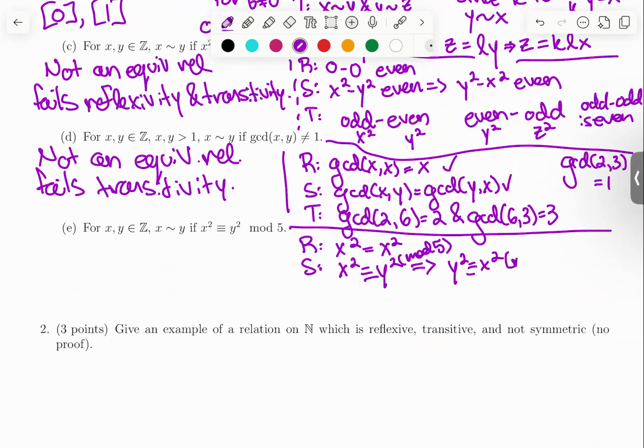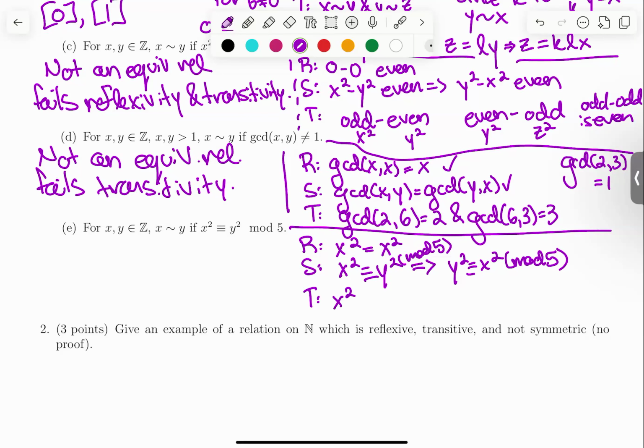Mod 5. So some people used the fact that mod arithmetic via mod is an equivalence relation itself. We were kind of trying to prove that, and we used the division lemma and stuff to prove that.